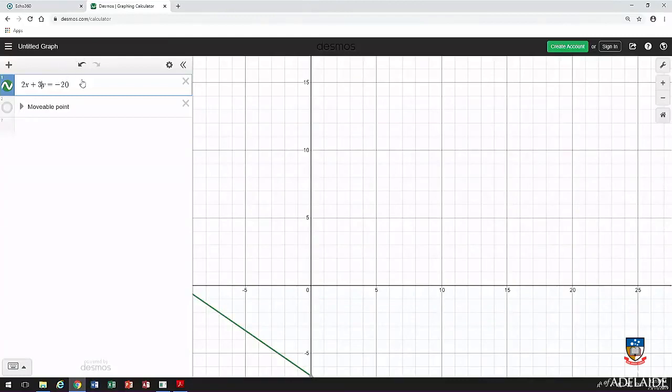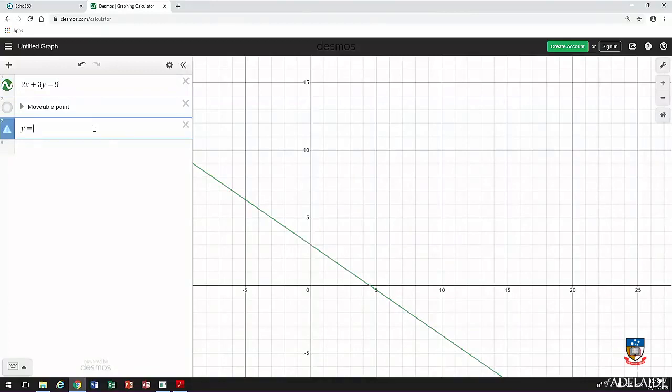And one way of trying to draw these lines for yourself, if you do feel like drawing them, is to try and figure out where they cross the x-axis and the y-axis. So I know that the x-axis has its own equation. The x-axis is the place where y is equal to 0, because all of the points on the x-axis have the y-coordinate being 0.